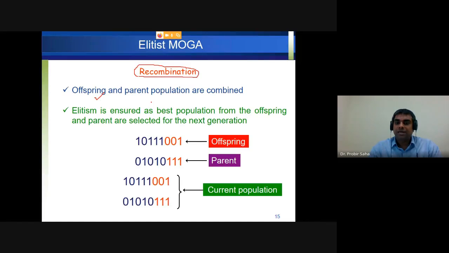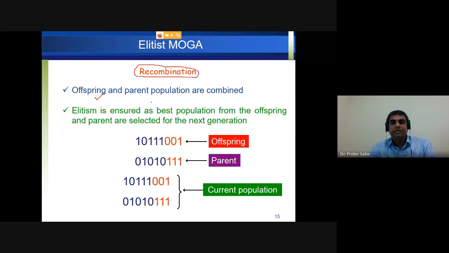So maybe you started with 100, and after reproduction, which we call selection, crossover and mutation, you have got another 100. You combine 100 plus 100, which is 200, and then out of this 200 you again pick 100 solutions. Although it is very simple to understand, you have to implement it algorithm-wise. So even in the next generation, maybe some children are bad and some parents are good.